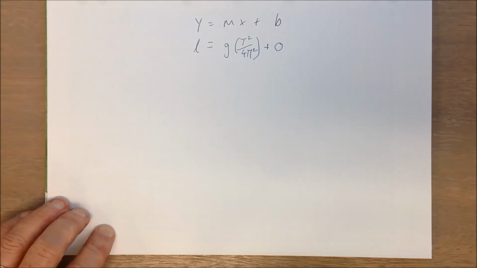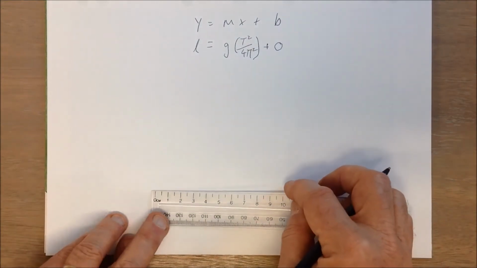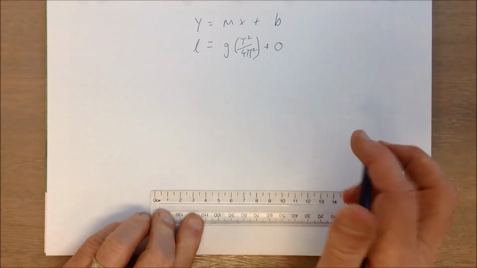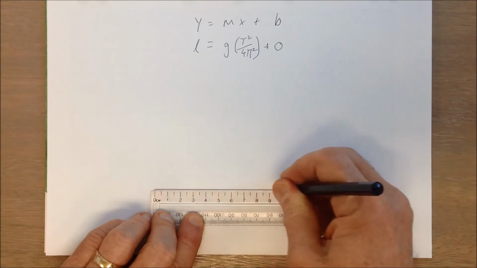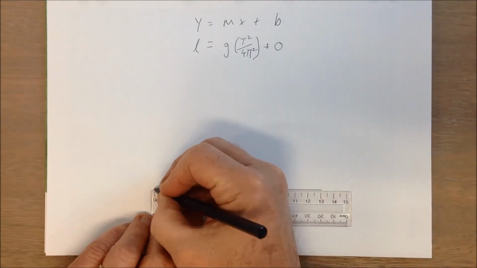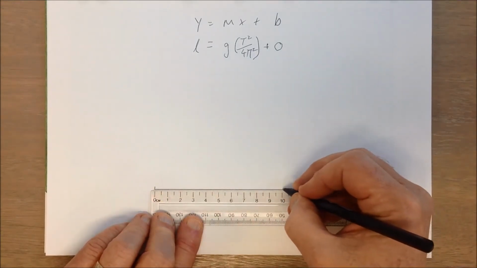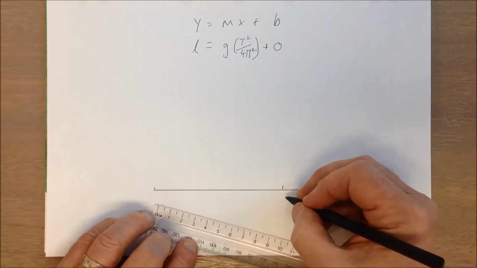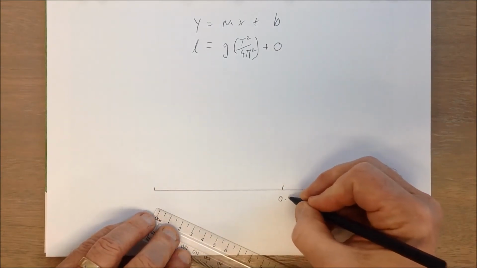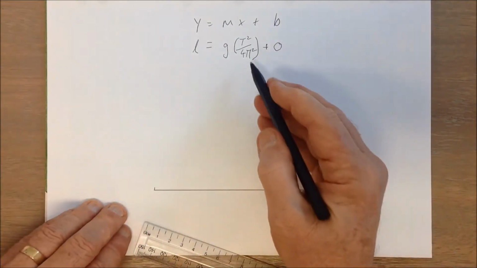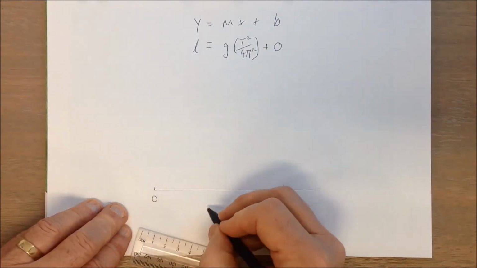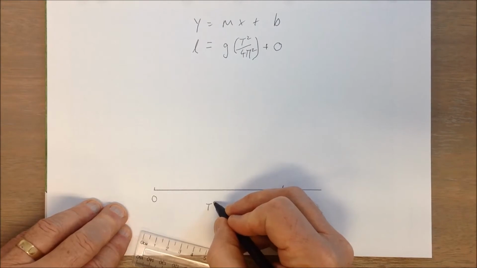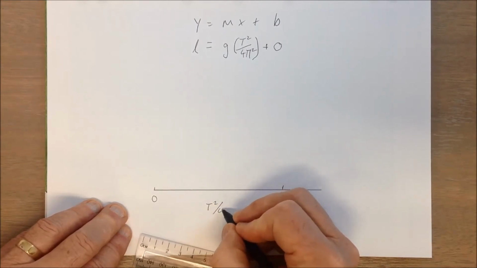So, firstly, you need to choose a scale for your x-axis, which uses a reasonable distance along your graph paper. And if we set 0 there, you may find that the point 0.1 is a typical maximum value of that for the data you have. That goes from 0, and along that x-axis is the calculated value T squared over 4 pi squared.